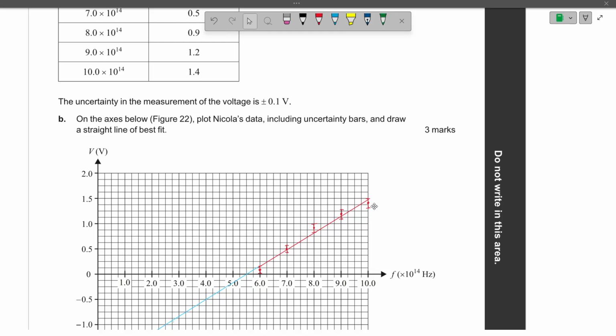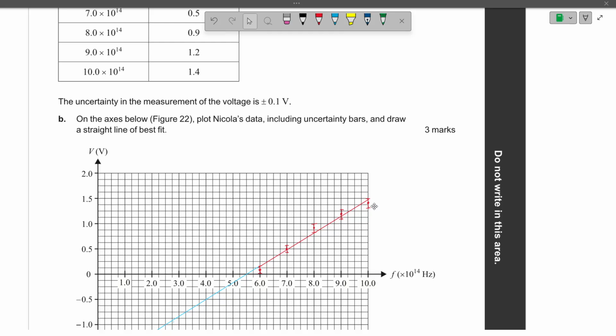That's the point of uncertainty. It means your value could have been anywhere within that plus minus 0.1 volt range from your actual measured data value. Okay, so your line of best fit, you kind of have to try and force it to go through all of your error bars. And you just do that as best you can.